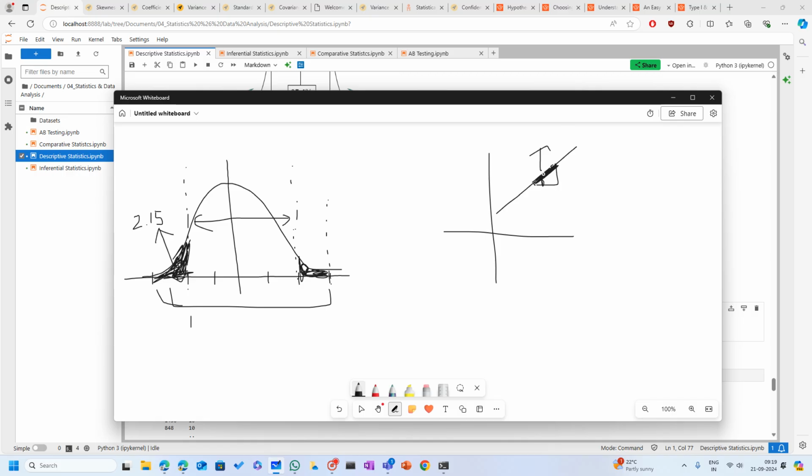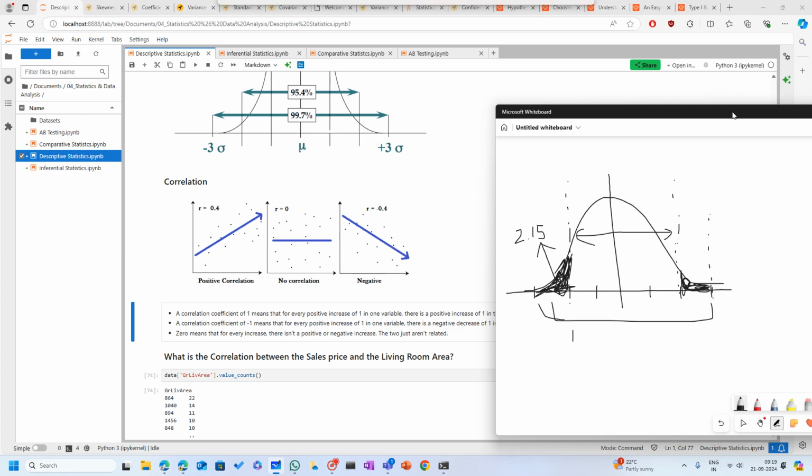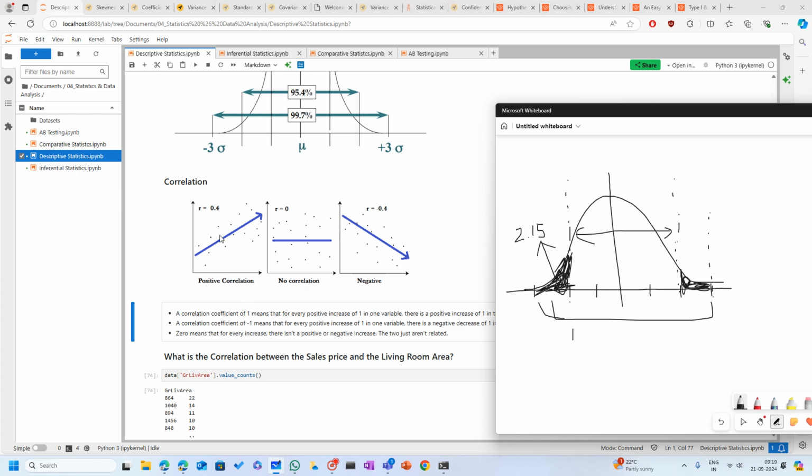If you see a slope like this, then it would be positive, and this would be negative. Again, we'll talk about this in the regression analysis that we do. But for now, just remember that correlation will be positive for this type of line and negative for this type of line.